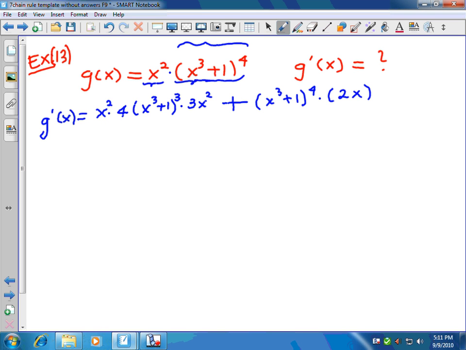So we're done with the product rule. We're done with the calculus portion of the problem. The rest is going to be simplification. And to simplify this, let us see what is in common to the first term and to the second term. For example, x cubed plus 1. What is the largest power you can extract from both terms?